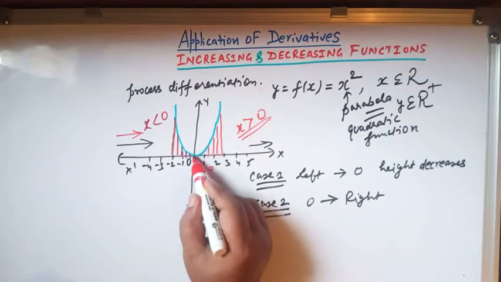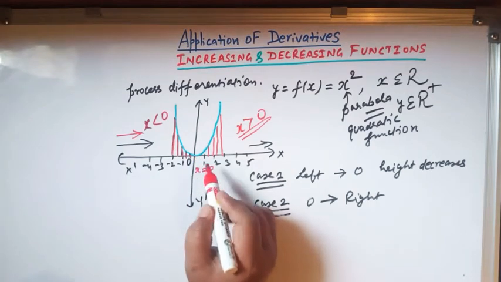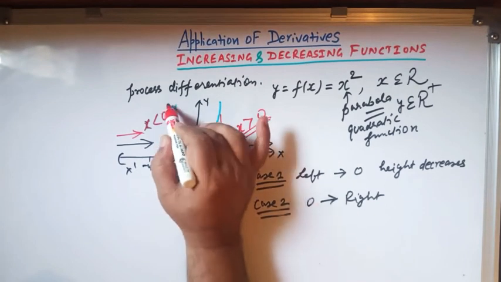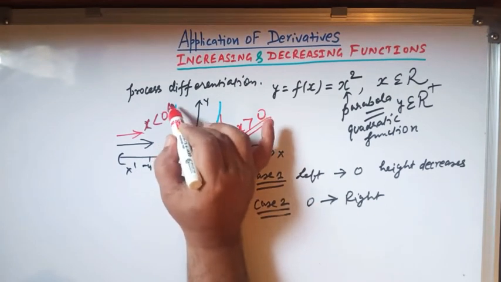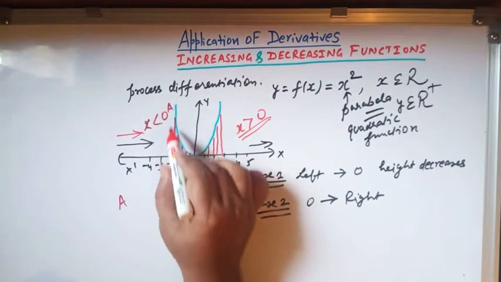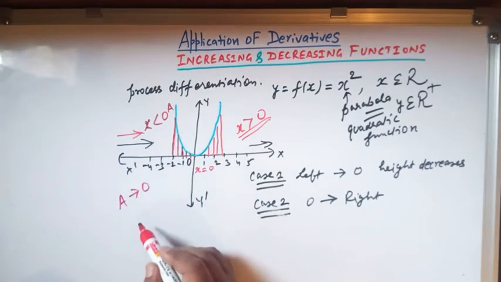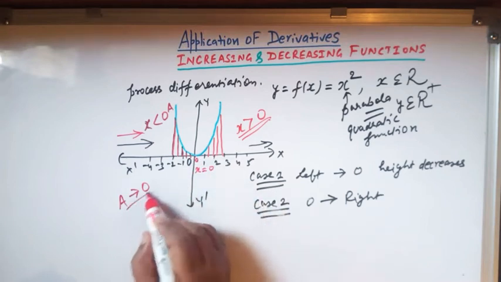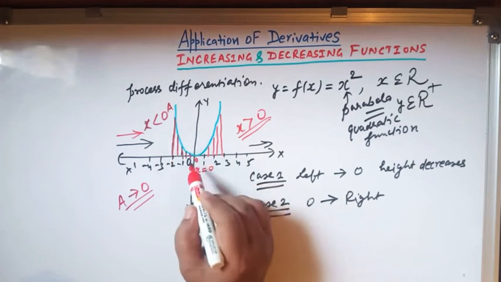Clear? And this is the point x equal to 0. So if I take this point A and this point O, when we proceed from A to O, we see that the graph decreases.